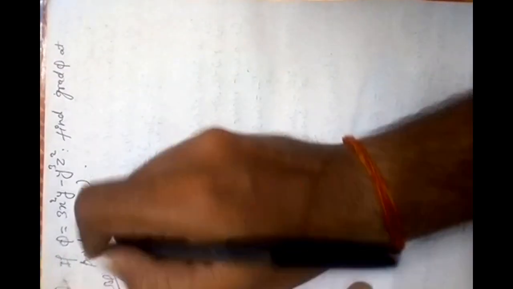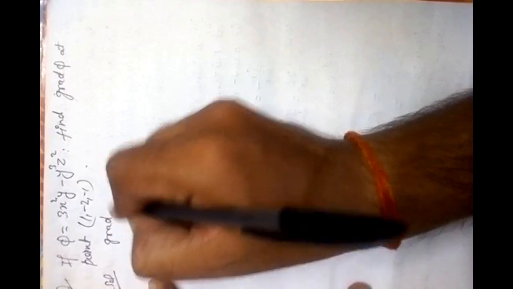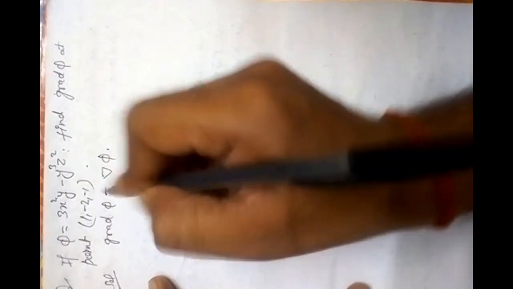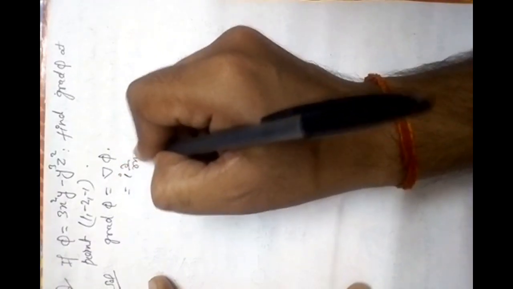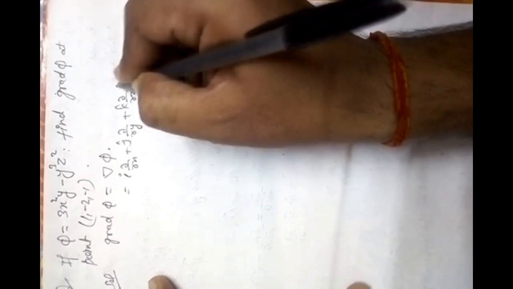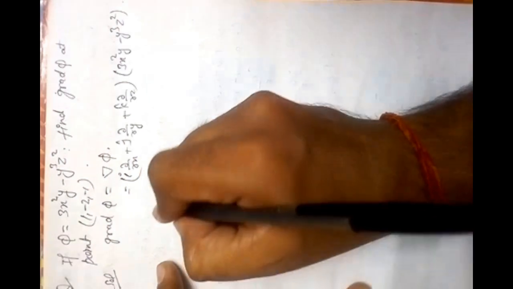So gradient phi is equal to del phi. That means i del upon del x plus j del upon del y plus k del upon del z of phi, and phi is 3x square y minus y cube z square.